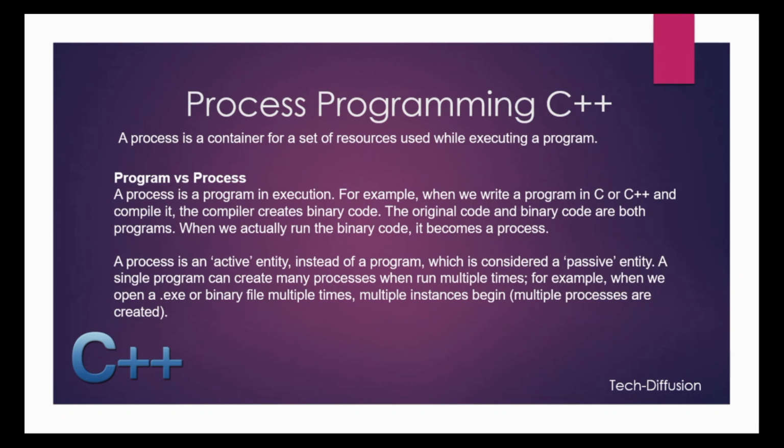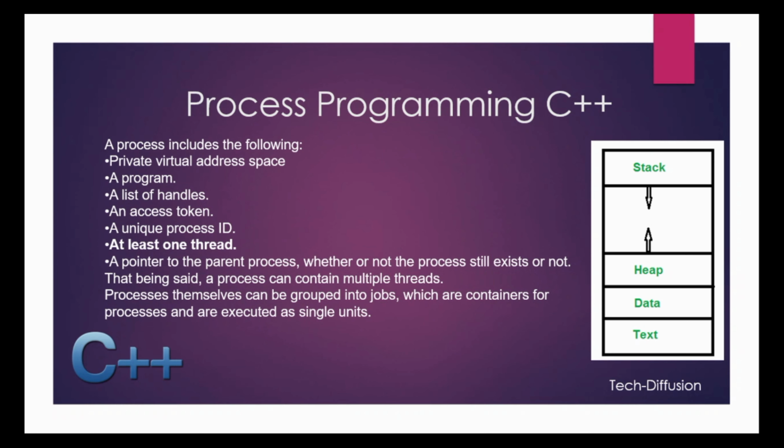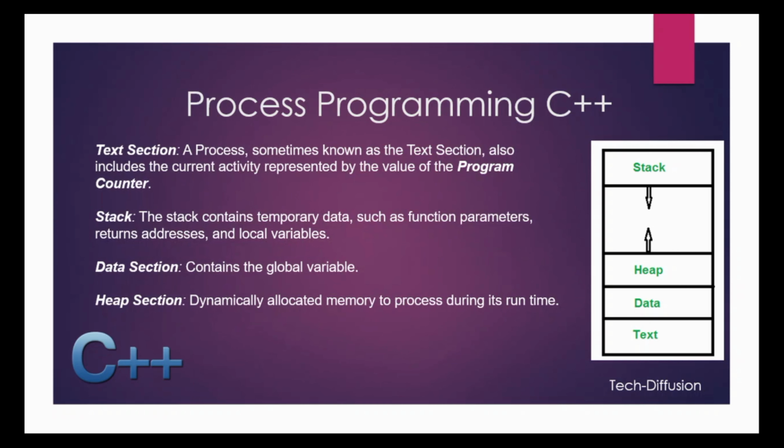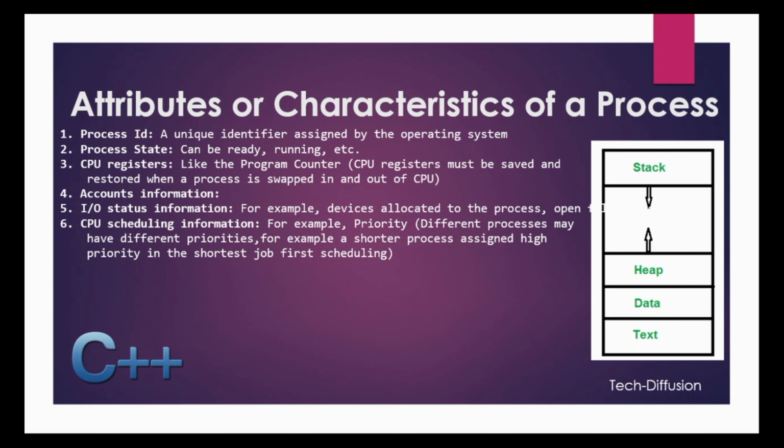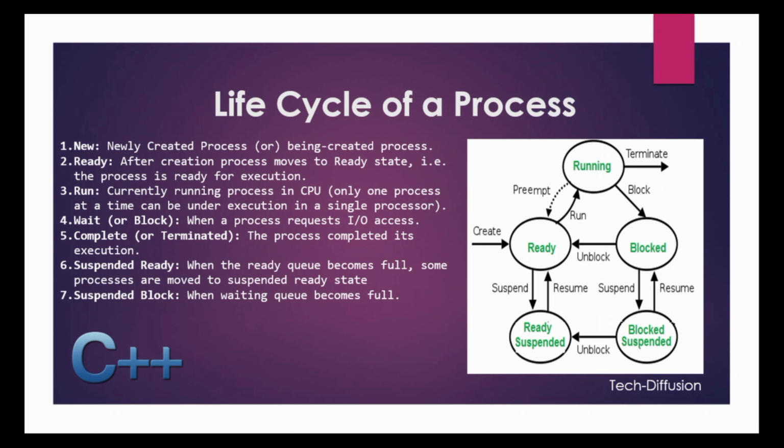Then we discussed what a process is, the difference between a process and a program, how we can see a process, what is inside a process, and attributes of a process such as process ID and process state. We also discussed how a thread is created and where it stops. We already discussed these things, so I'm not taking much time on them.